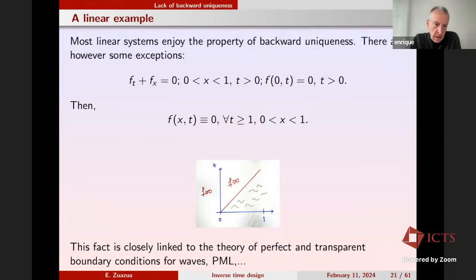And this, again, is a topic of investigation in itself. How do you pose boundary conditions for conservation laws, and which boundary conditions make the problem well posed, and so on? Of course, if you now impose these boundary conditions and you reformulate these questions about inverse design, then you get into a new universe of problems.